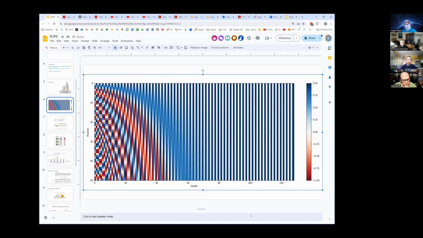So what does depth mean? The depth axis? I've seen this so many times and I have a general intuition, but I don't know exactly what it is. I think the way this one is drawn, the token position starts on the top and works down, so it goes 0 to 50.